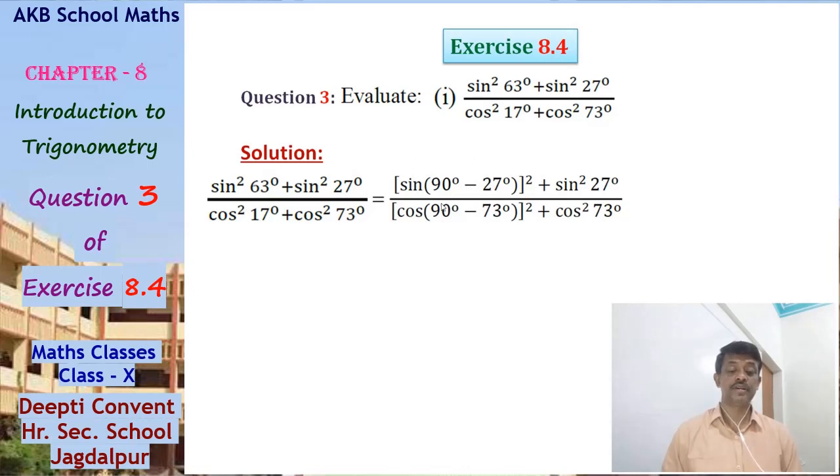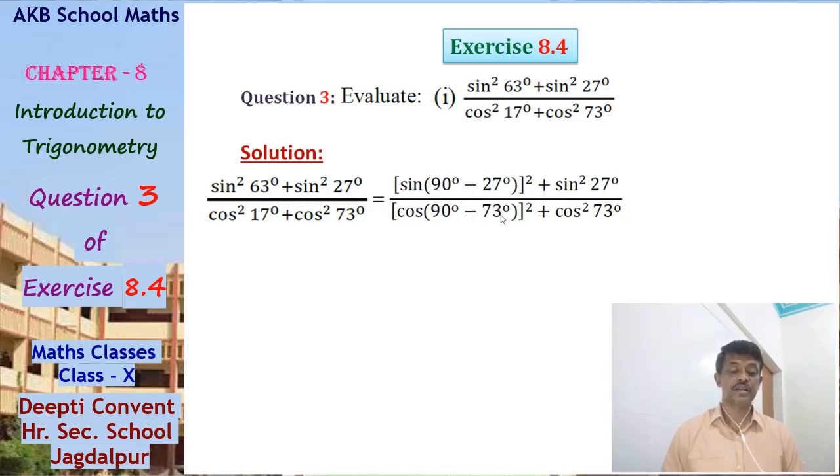And due to complementary angles, we know that all the ratios change, sine to cos, cos to sec, and so on. Here sin of 90 minus 27 is cos 27.